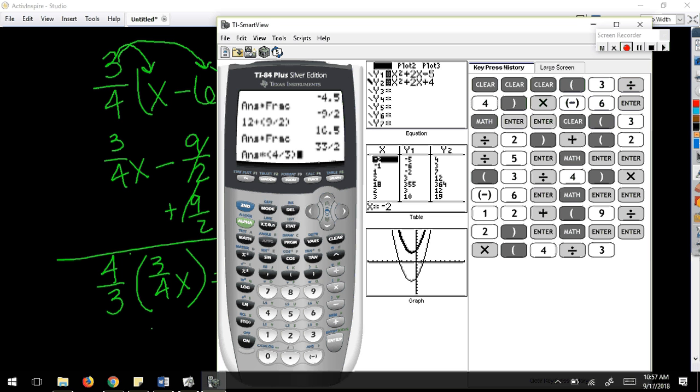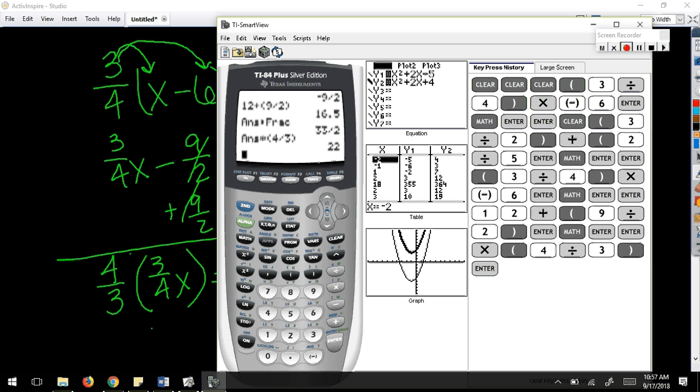Remember, you have to remember the parentheses with the fractions, otherwise order of operations takes over. Do you have to do 4 over 3 or 3 over 4? You have to flip it, because remember, we had to reciprocate it to get rid of it. Enter. What is the answer?